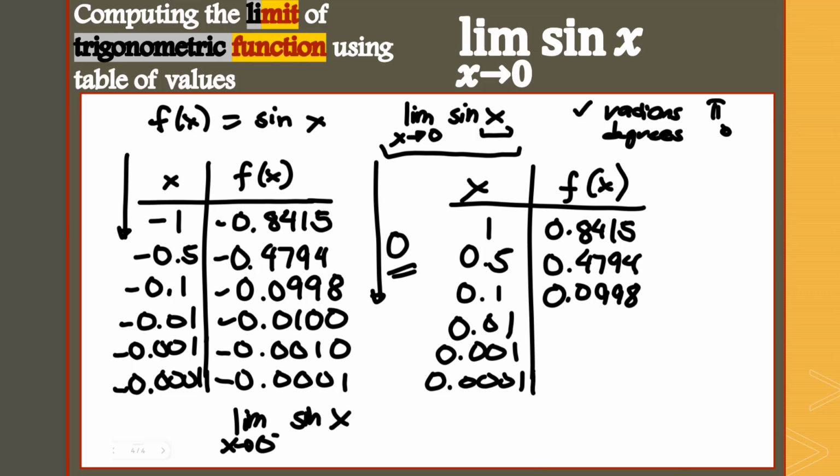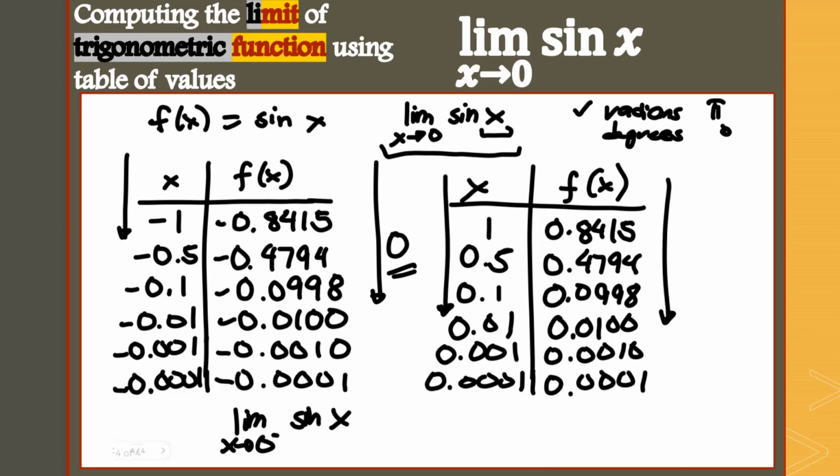And you will have the next values, again plugging that in your calculator, positive 0.0100, here 0.0010, and 0.0001. And then, as you can see, as x approaches 0, your f of x also approaches the same value of 0. Again, this is the limit of sin x as x approaches 0 from the right.